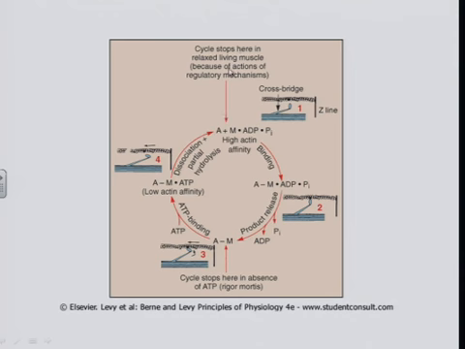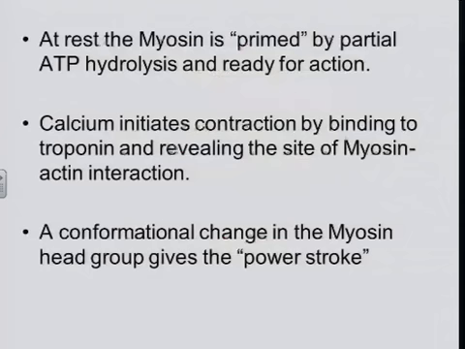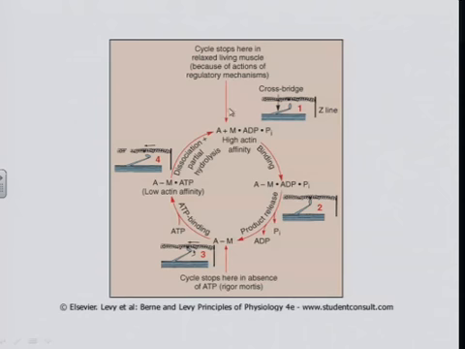Where you have no calcium, you stop here simply because everything's ready to go but not quite ready to go. And so you're ready to contract. So cross-bridge cycling: binding, dissociation, power stroke, ATP binding, resetting of the whole system, cleavage of ATP, and going again.